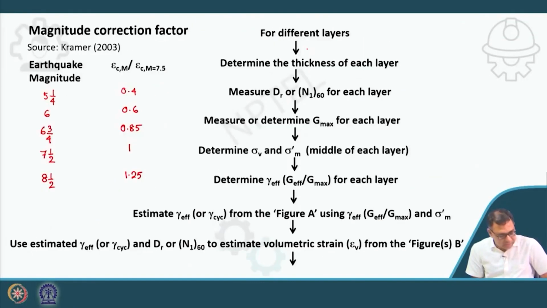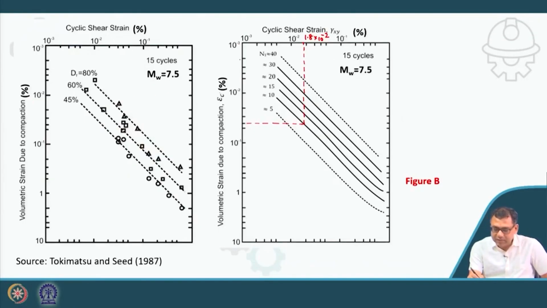But this chart is going downward. This is minus 3, minus 2, minus 1, 1, 10. So that means this value is actually 4 into 10 to the power minus 2 percentage. This is 1, this is 2, 3, 4. So volumetric strain will be 4 into 10 to the power minus 2 percentage.